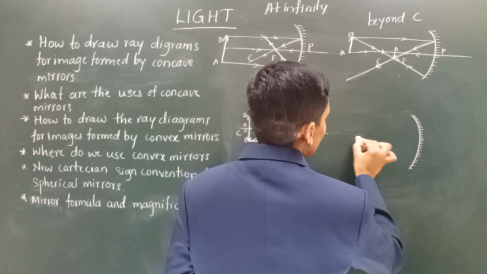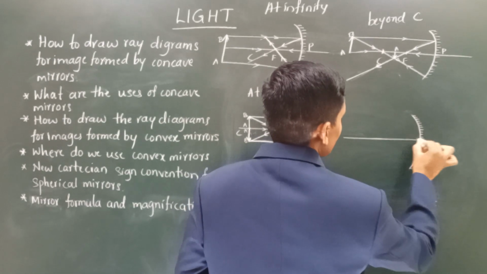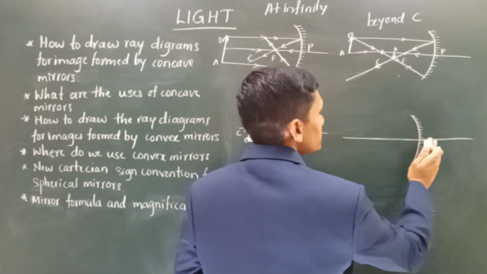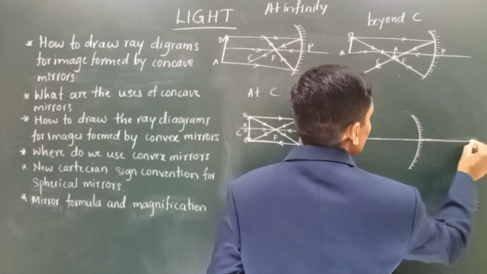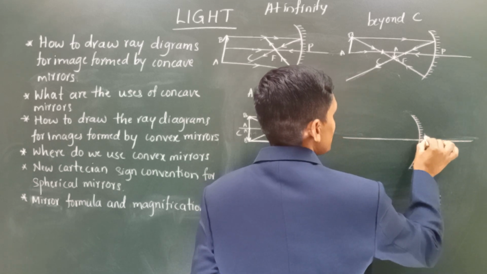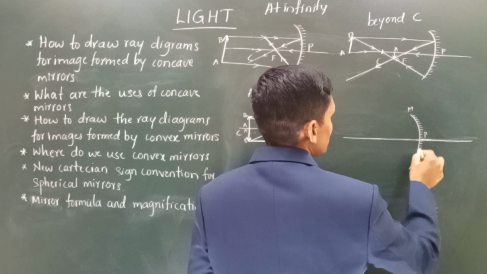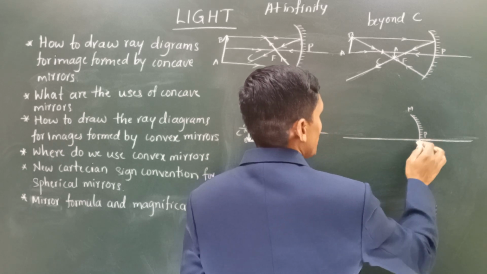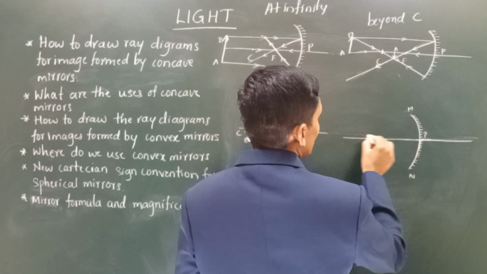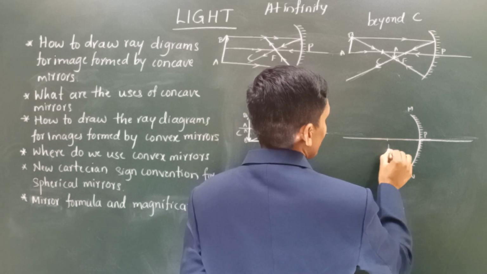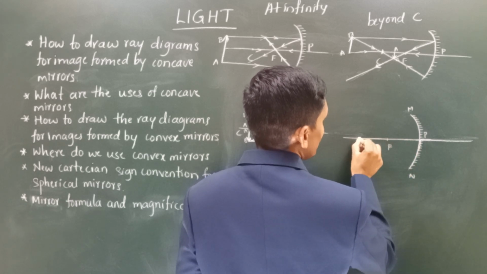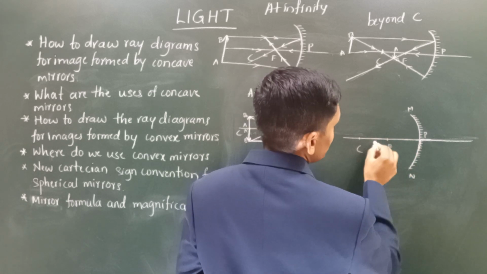Again, you need to consider the principal axis, right? This is the pole of the mirror. Now you have to consider this is the principal focus, and this will be the center of curvature, right?